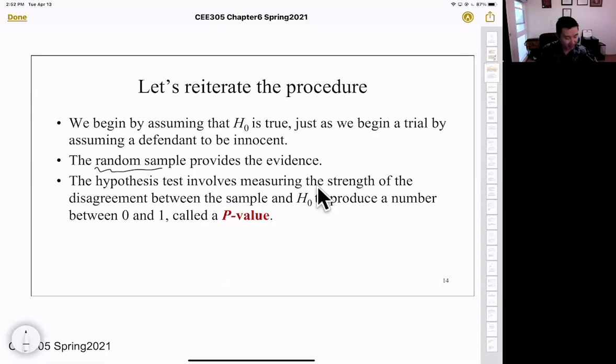And a hypothesis test involves measuring the strength of the disagreement between the sample, for example, the average of 64 family incomes, $30,000, and H0, which is that the population mean is 35,000.